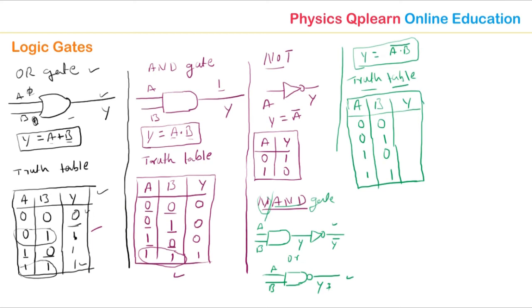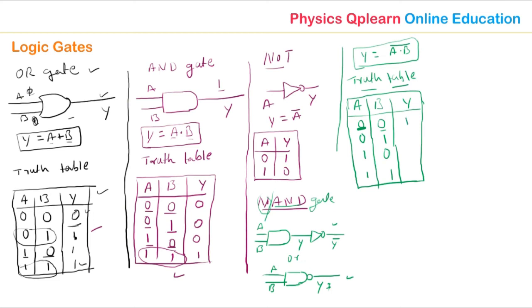Now you just judge. When input A is 0 and input B is also 0, just check this formula. A is 0, B is 0, A dot B is 0 into 0, which is 0. Due to the bar, 0 will become 1. Clear?